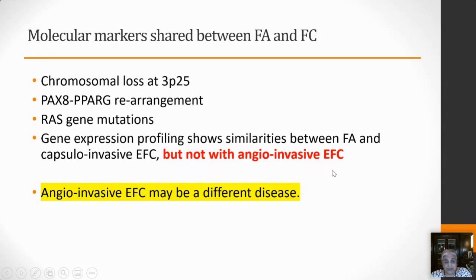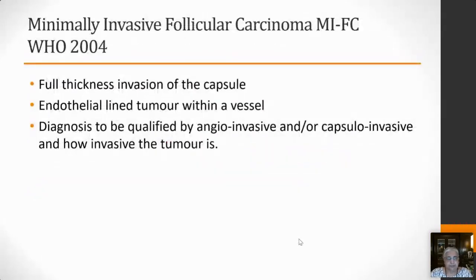And this is important, and therefore, I don't think wasting too much time on whether the capsule has been invaded or not is as important as really looking for angio-invasion in all encapsulated follicular lesions, because angio-invasive encapsulated follicular carcinoma may be a completely different disease.